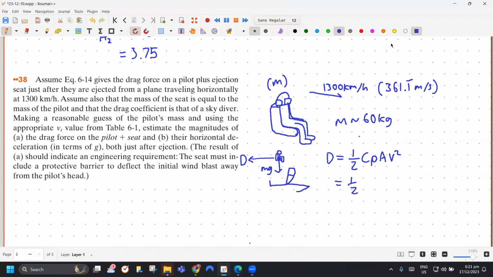To get that value, analyze the skydiver. At terminal velocity, what should be satisfied? The drag force should be equal to mg, where m is the mass of the skydiver.